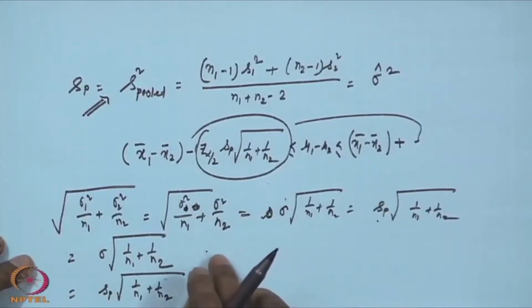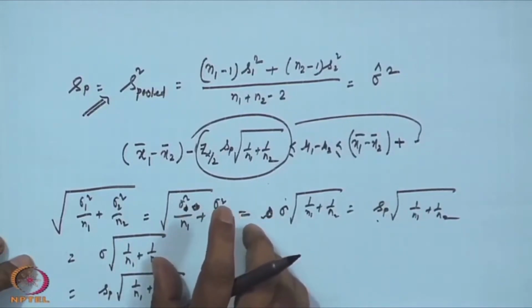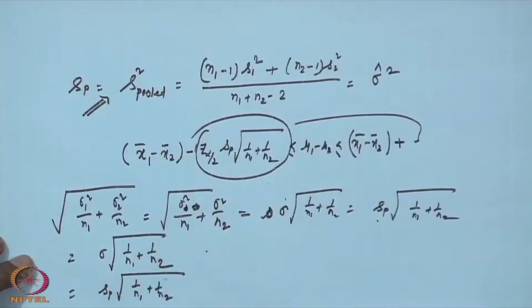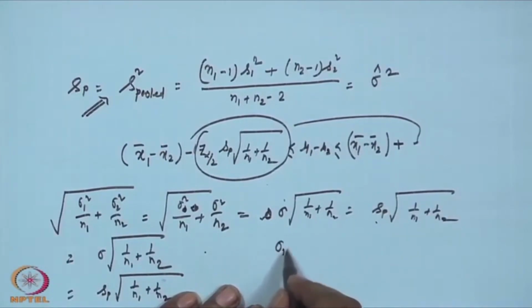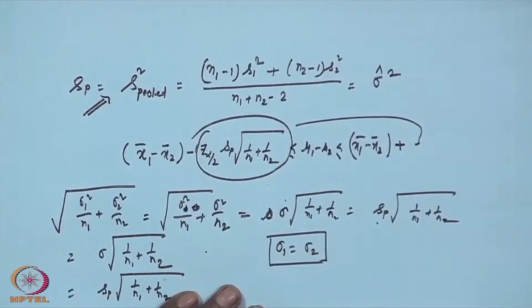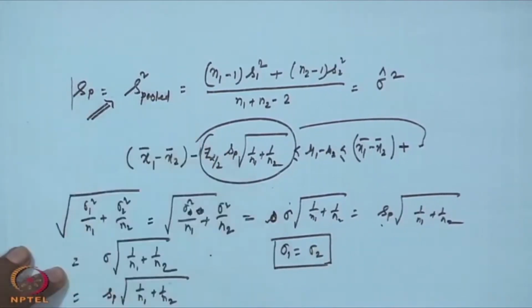If the sample size is small, there is doubt in this formulation. So, one of our assumptions will be that sigma 1 square equals sigma 2 square equals sigma square, that means the population variances, the standard deviations, are equal. We will make that assumption, and because of this assumption you will be using S pooled.